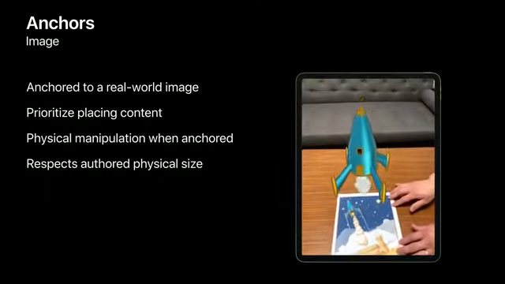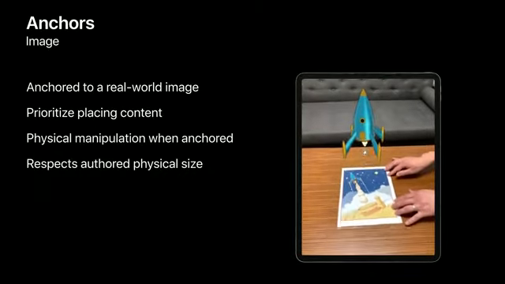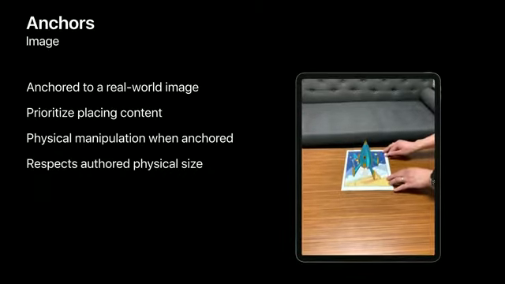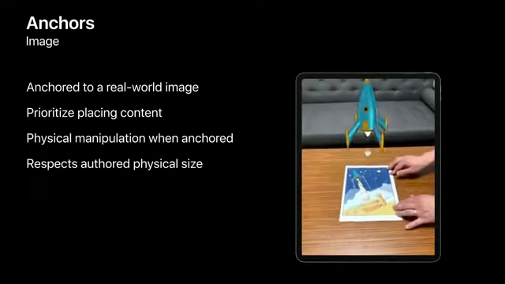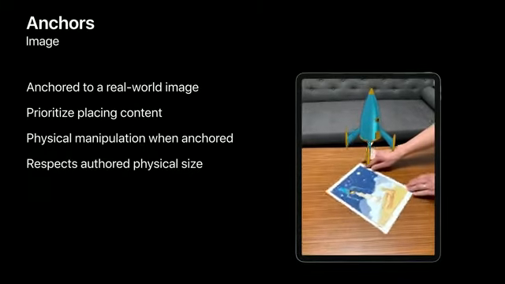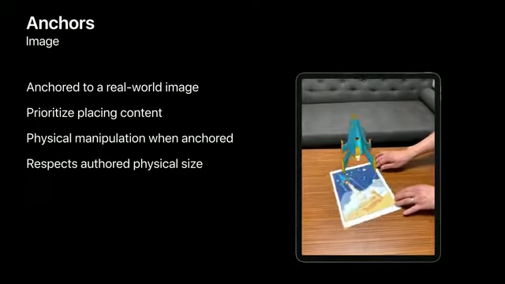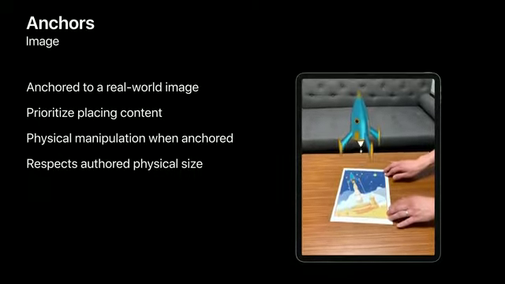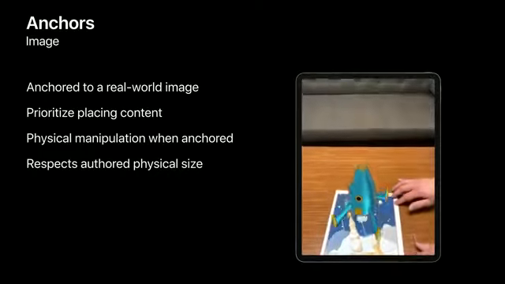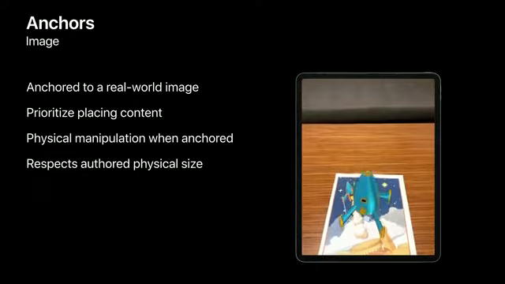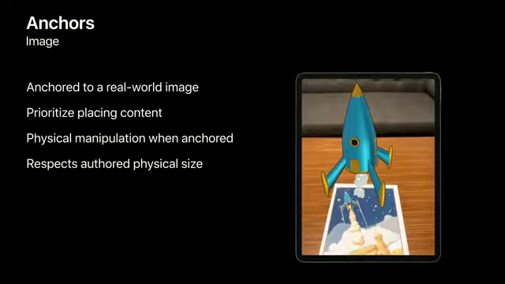You can see how the content is anchored to the real-world image and follows each and every movement, whether it's translate or rotation. We really encourage people to engage with the virtual content and really move around, since this is an AR experience. This means directly moving the anchor closer to you to illustrate change in scale, or rotating the image anchor to view the scene from different perspectives.